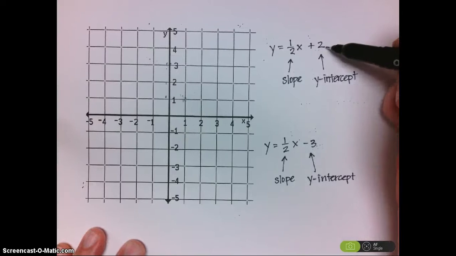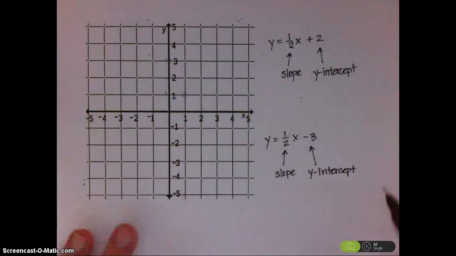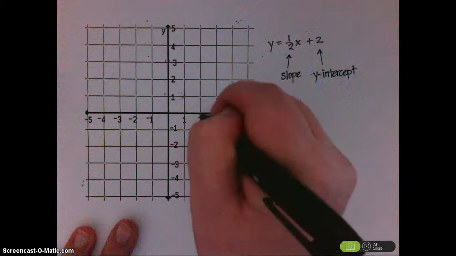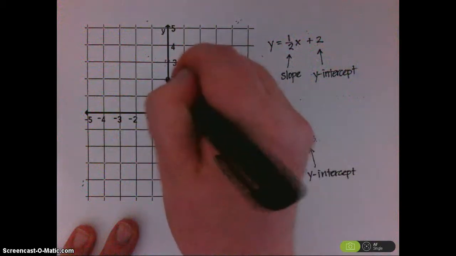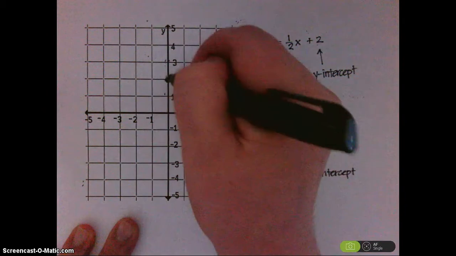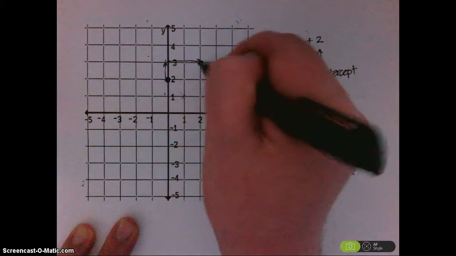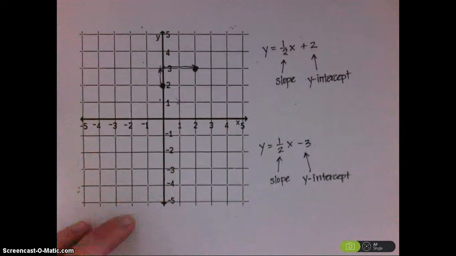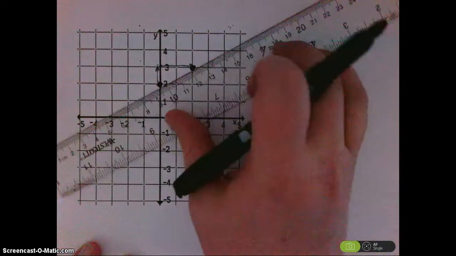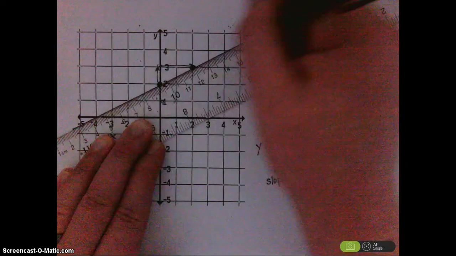So I'm going to start with the y-intercept, which is +2. And that's right here. And then I'm going to go up 1 and across 2. I'm going to connect the 2 dots.